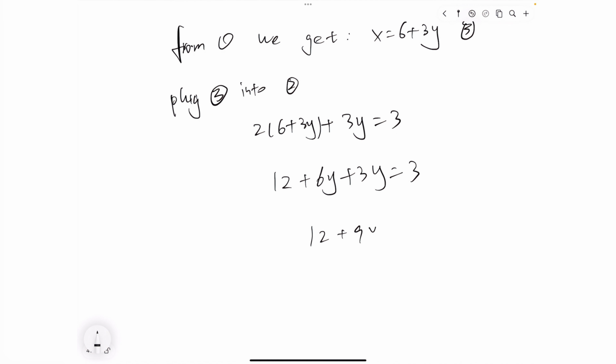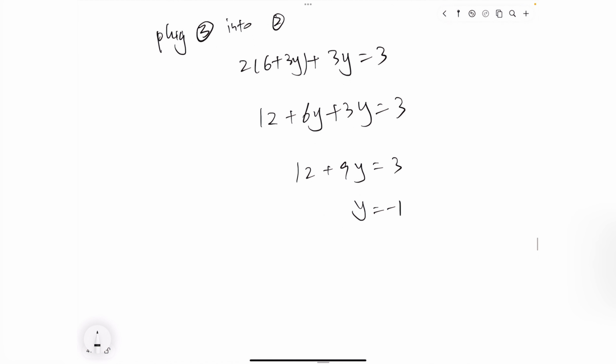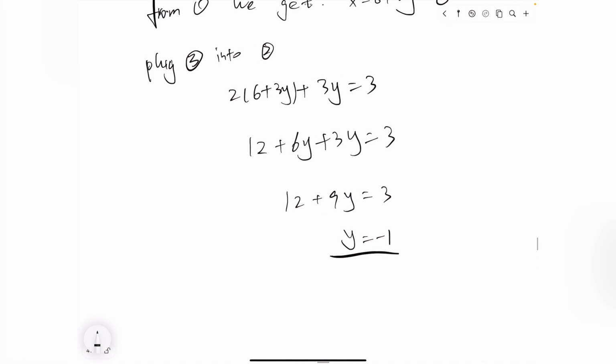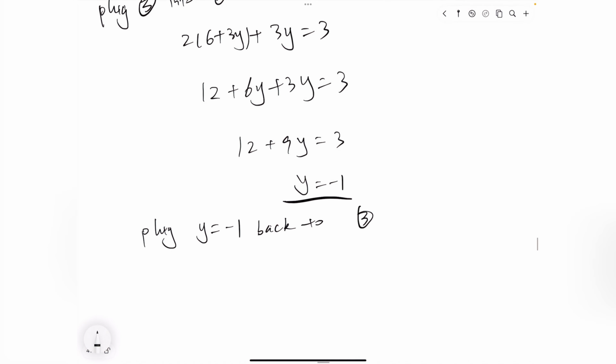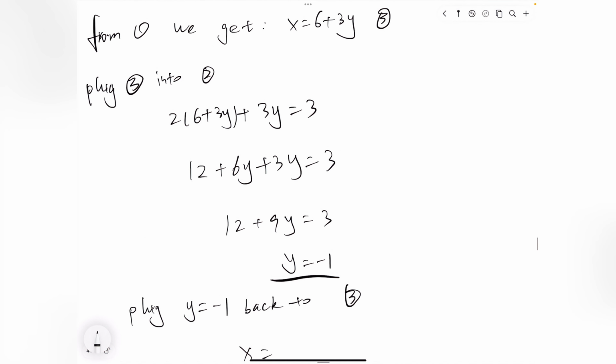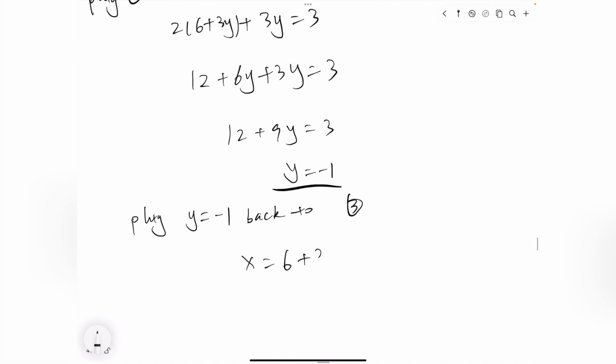Then 12 plus 9y equals 3. y equals -1. After we get this, we can plug y equals -1 back into 3. So x equals 6 plus 3y equals 6 plus 3 times -1 equals 3.